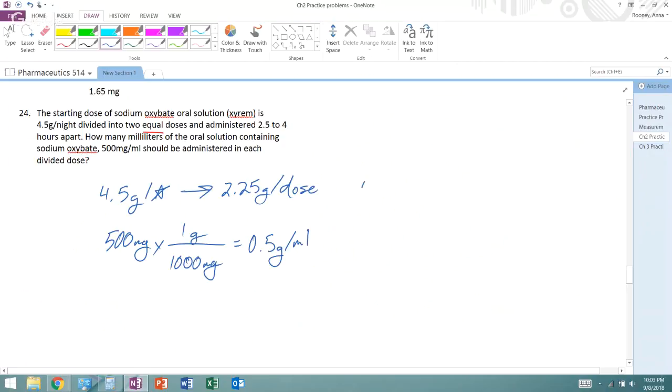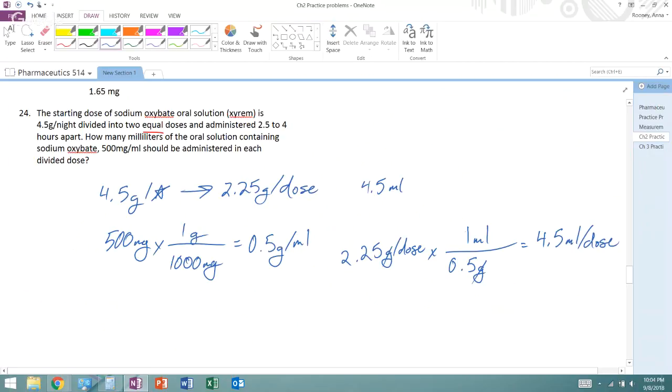So it would be 4.5 milliliters, because you would do 2.25 grams a dose and divide it by 0.5 gram per 1 milliliter, which equals 4.5 milliliters a dose.